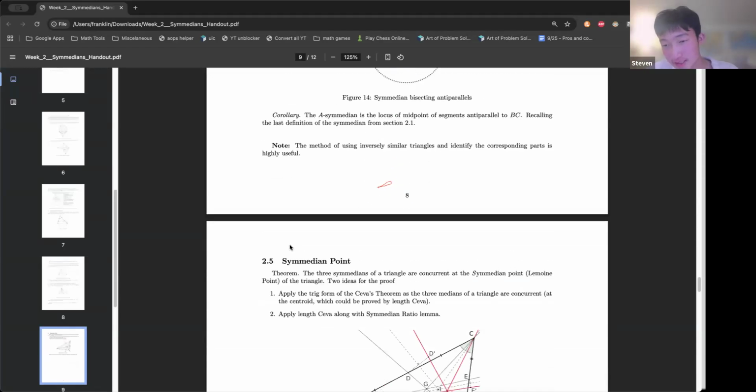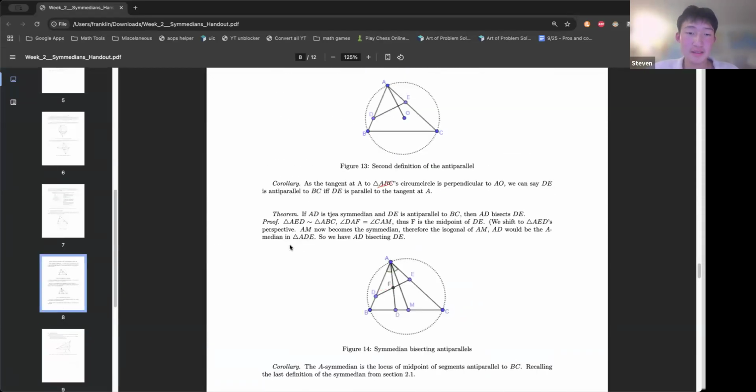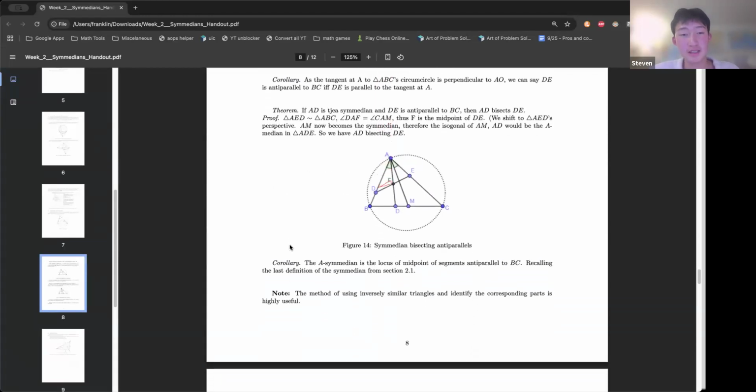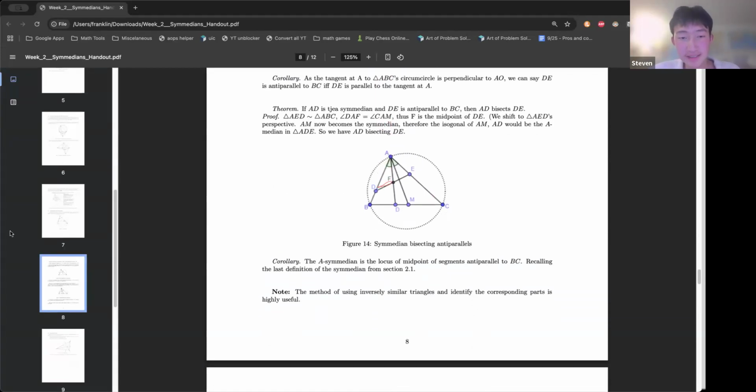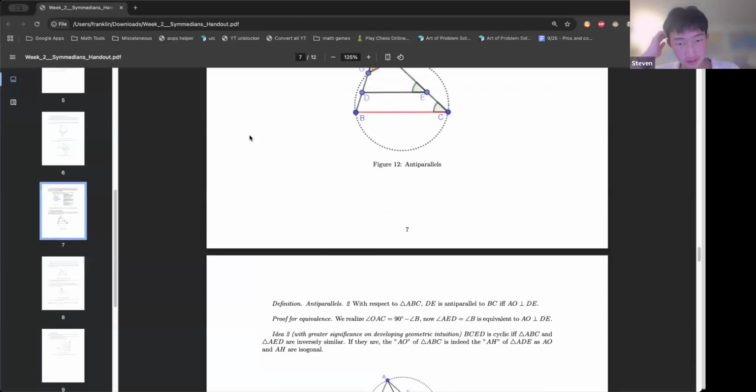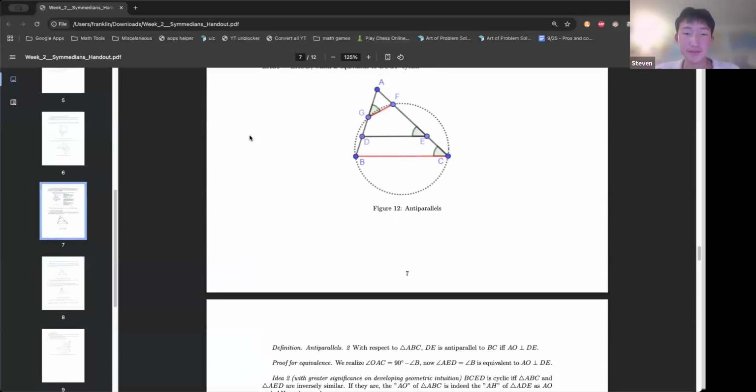Okay, so can I ask the question on what is antiparallel again? So there's a few ways to introduce it. One way you can say it is if FG is antiparallel with respect to line BC, it means that BCFG is cyclic. That's one way of introducing it. Or you could also say that triangle AGF is similar to triangle ACB in an inversive fashion.